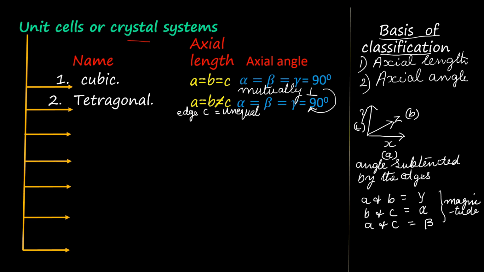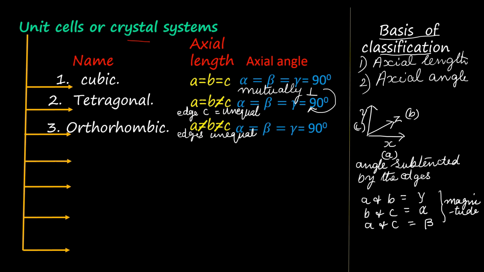Now the third one, orthorhombic. The edges A, B and C are unequal. Axial angles alpha equal to beta equal to gamma equal to 90 degrees. So here also the sides are mutually perpendicular.